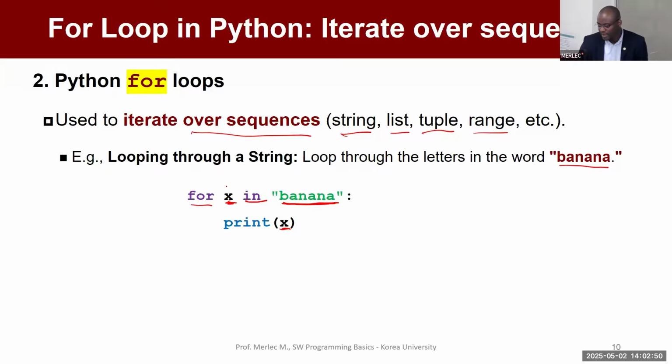For the first time, x will be mapped with the first character, which will be b. That means for the first iteration, b will be printed. And then x moves to the second position, it will be a. Then the third position, it will be n, until it reaches the end of the domain, which is the word which has been provided. So it will print banana, each character inside the string banana.